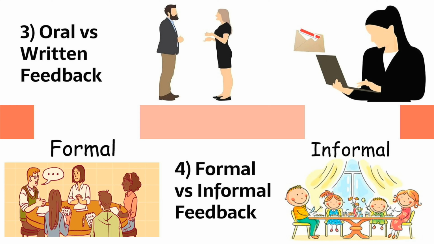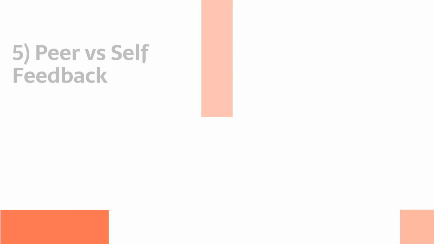With formal feedback, we expect that after the message is over or the communication is completed, all the participants will provide feedback, maybe on paper or digitally. Informal feedback, on the other side, is something we don't expect to be given immediately after this, but still we have to give it in some different forms, some different ways. This is informal feedback.